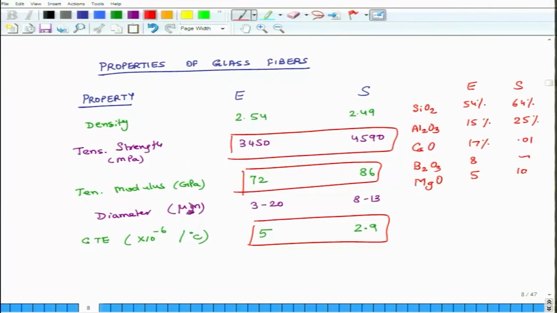Okay. And then there are several other oxides of different materials of sodium and barium and iron and so on and so forth. But primarily the differentiators are silicon dioxide, aluminum oxide, calcium oxide, boron and magnesium oxides of these metals. And because they have different compositions, they have different properties.